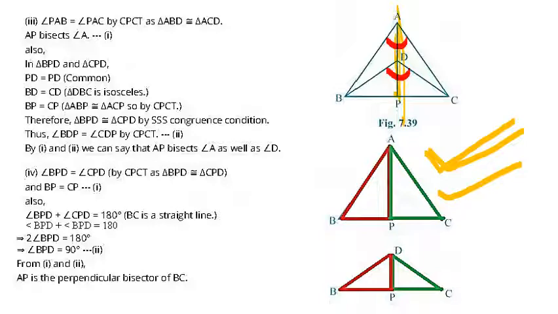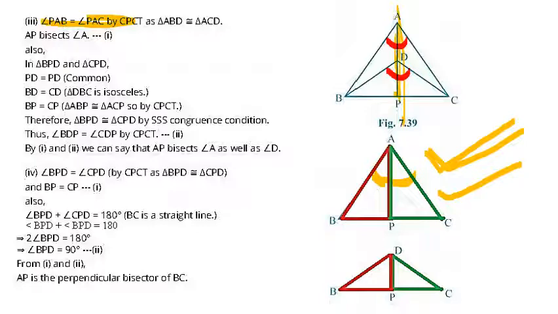I said that angle PAB equals angle PAC. This angle PAB and this angle PAC, they will be equal to each other. You can tell me why? Because we just proved that these two triangles are congruent to each other, and if triangles are congruent, then all their parts are equal.